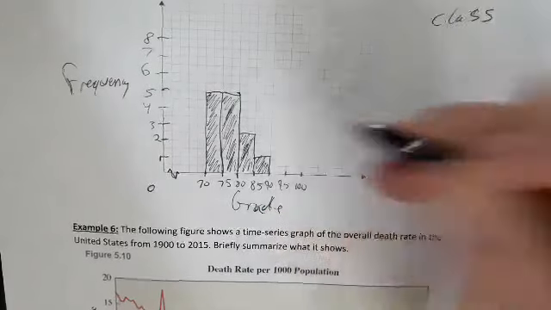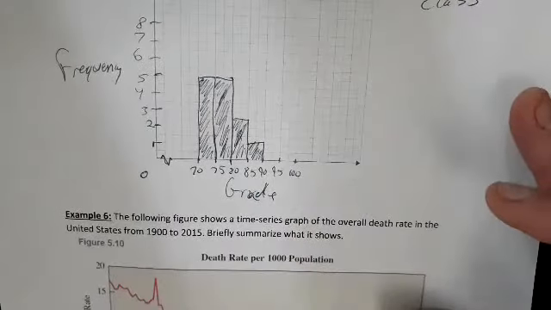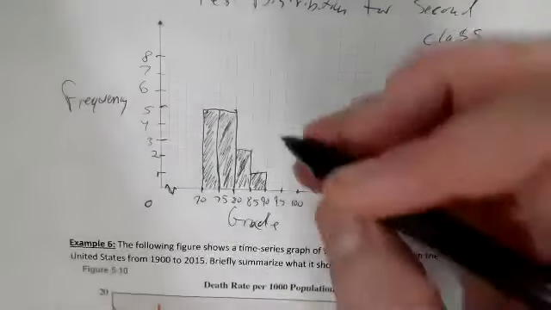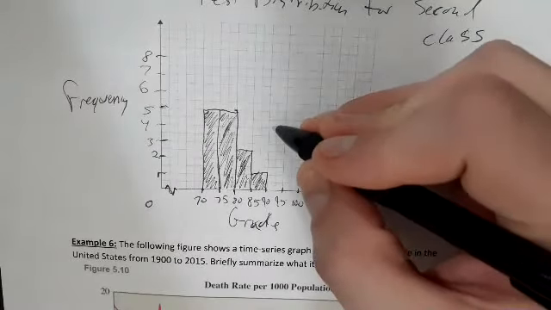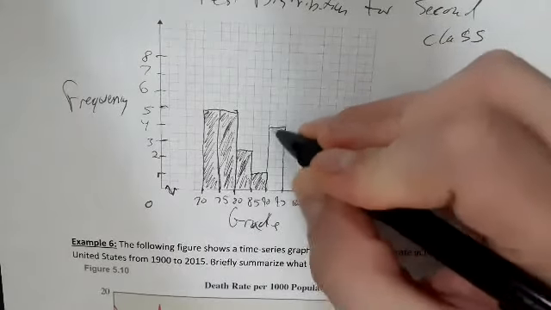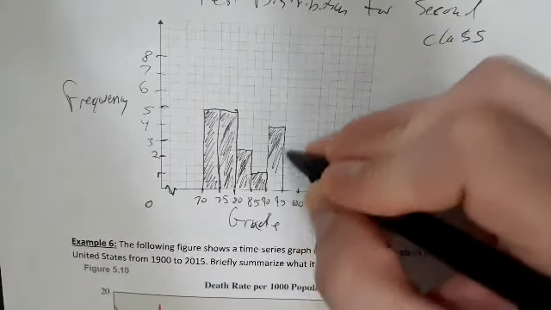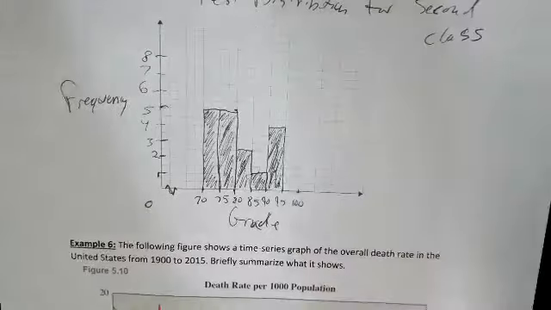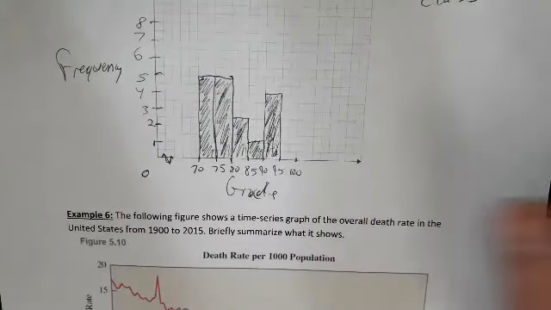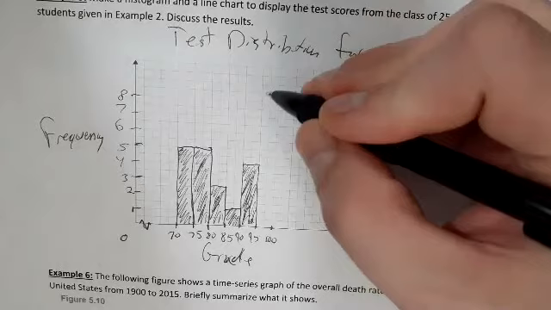So we are coloring in our bar for 1. There are 4 that are between 90 and 94. So we're going here at 4. And then the last one is between 95 and 100. There are 8 of them, which is way up here.